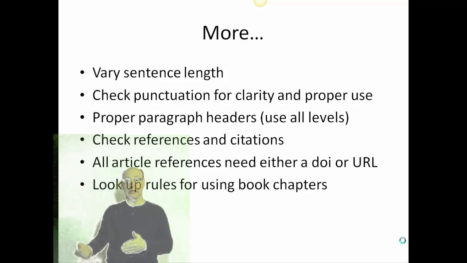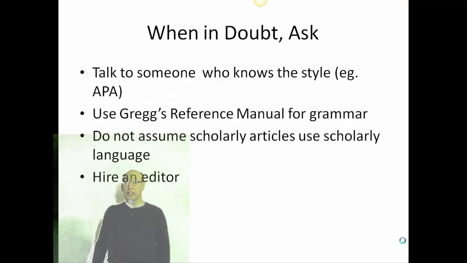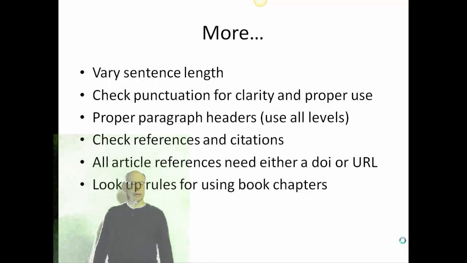Read it out loud. You should also have proper paragraph headers. And I believe in a doctoral dissertation you're supposed to use all the APA levels. So what I'd suggest is you go to your APA manual, look at the format at the different levels, and make sure you use them.